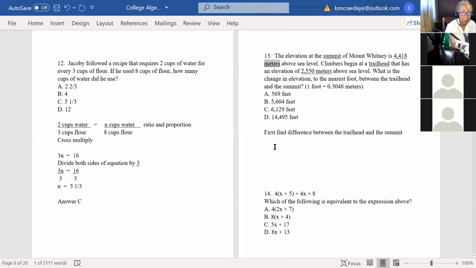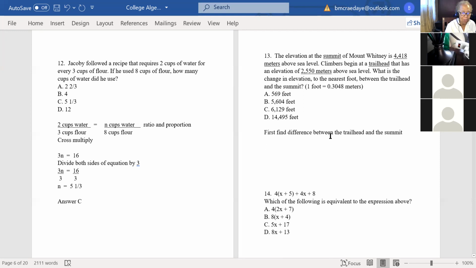What do I do? Subtract. Yes, what do I subtract? The 0.304 from the 418. No. The summit is 4,418 meters. Uh-huh. The trailhead is 2,550. Right.